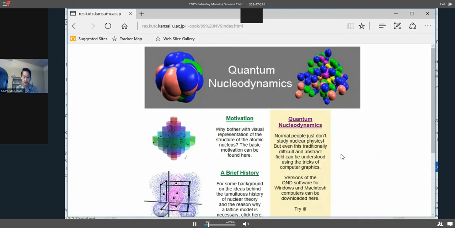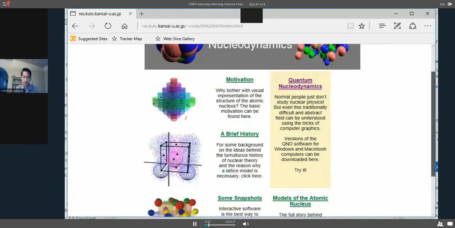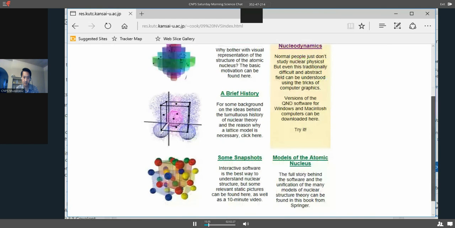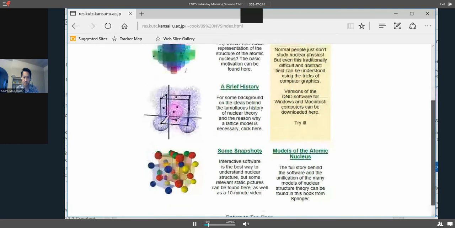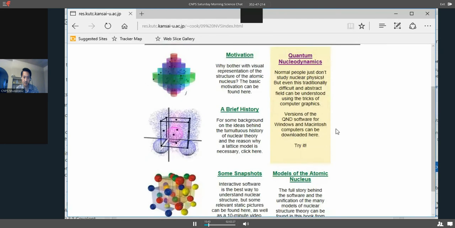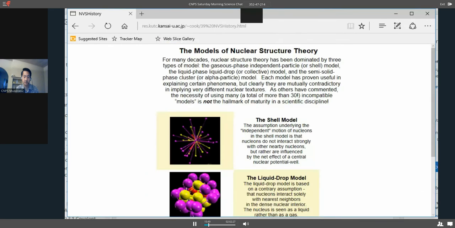Well, there's certain nuclei that are stable, and there's some with the same atomic mass that are unstable. And so one wants to know the origin of the stability.